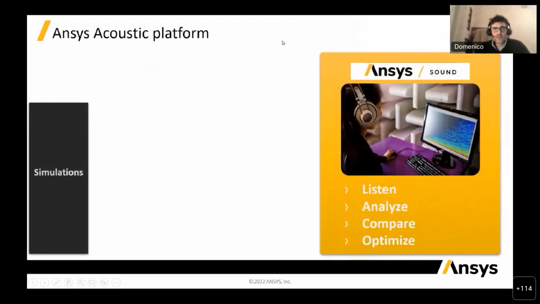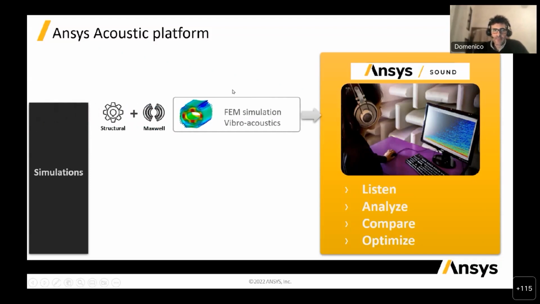So to start with, I would like to introduce the framework where we are going to hold our discussion today. In ANSYS, as you might know, we have different tools, and we can cover different physics. For example, we have structural analysis that we can do with ANSYS Mechanical, but you might also hear that we have Maxwell.